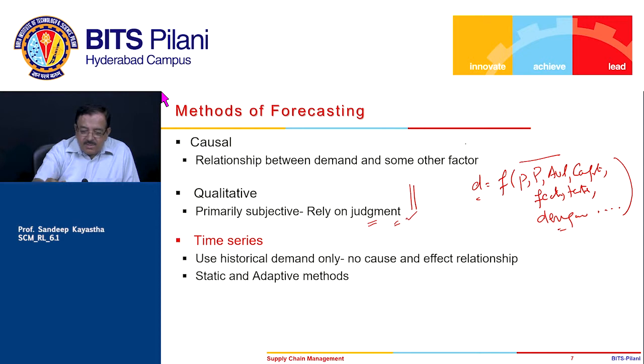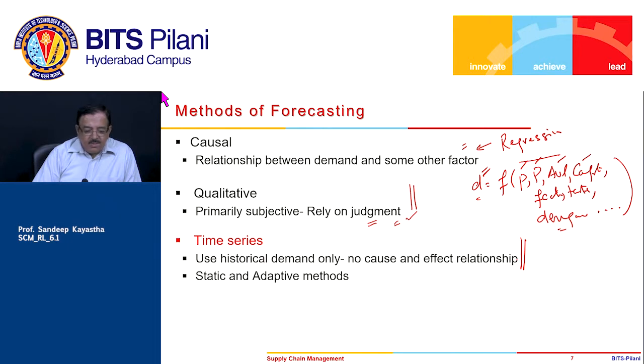Causal methods require historical data: past prices, past demand, past promotions, past advertising, past competitors' prices, and demand, and we use a method called regression for this. And there is another method called the time series method. This is the method that we are going to use.